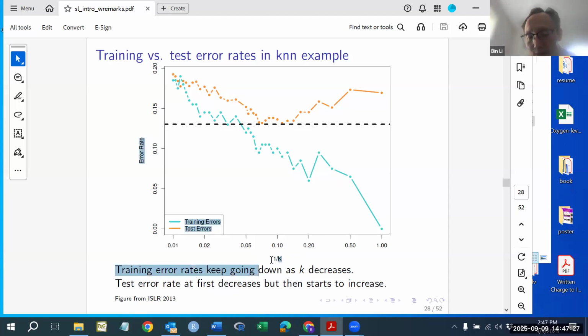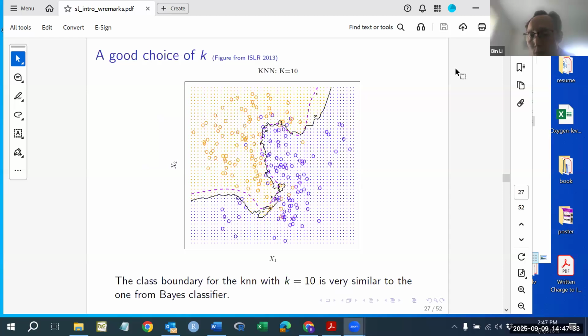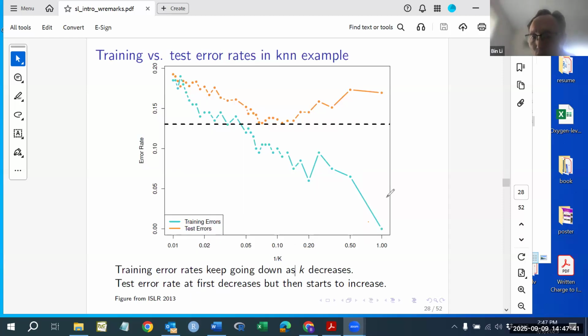Because this axis is 1 over K. So for this end, K equals 1, and for this end, K equals 100. So in this way, the model is more flexible here, and for this one, the model is less flexible.